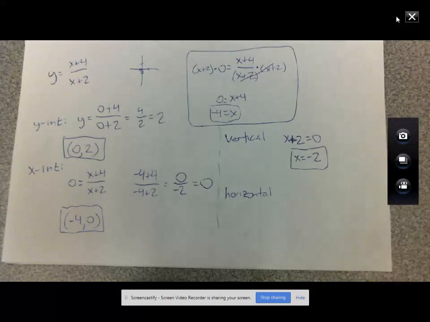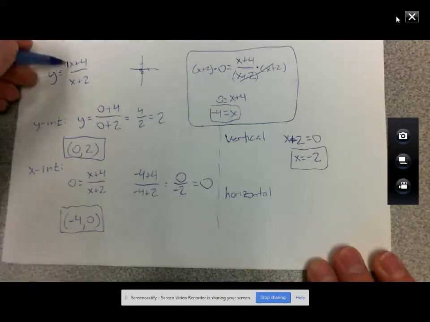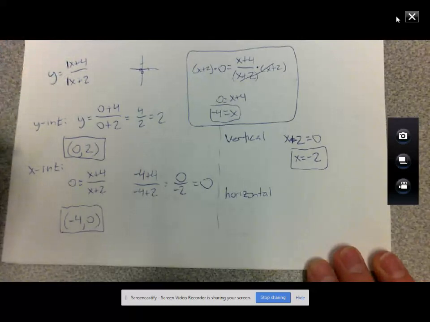One of the rules said if the degree of the numerator is the same as the degree of the denominator, and these are both first degree polynomials, then the horizontal asymptote is going to be the leading coefficient of the numerator, 1, over the leading coefficient of the denominator, 1.